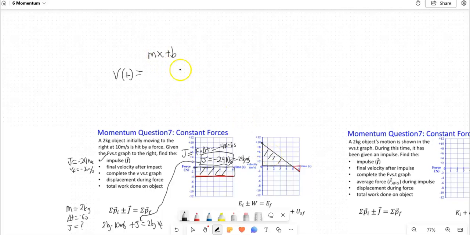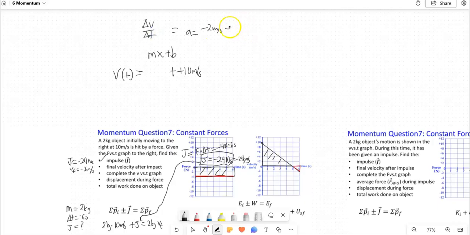Okay, so it starts off at positive 10 meters per second, t, right? Now the slope of that line, which is acceleration, is going to be dv dt.